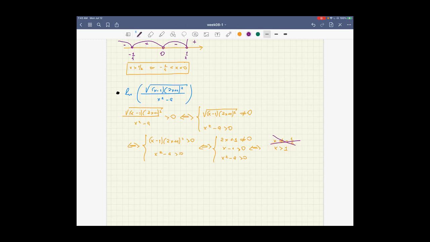And this, x squared minus 9 greater than 0, means x by absolute value is greater than 3. Which means that x is less than negative 3 or x is greater than positive 3.